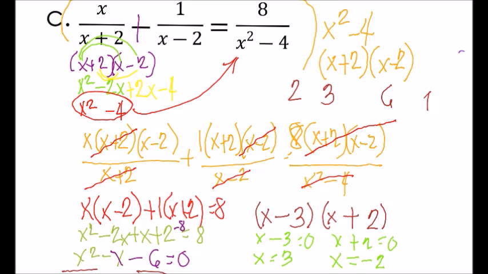If we substitute 3 for all of the x in the denominators, it won't make the denominator of your equation 0. However, if we substitute negative 2 here, negative 2 plus 2 will make the denominator 0. Thus, this whole term will become undefined. That means negative 2 is not part of the solution anymore.